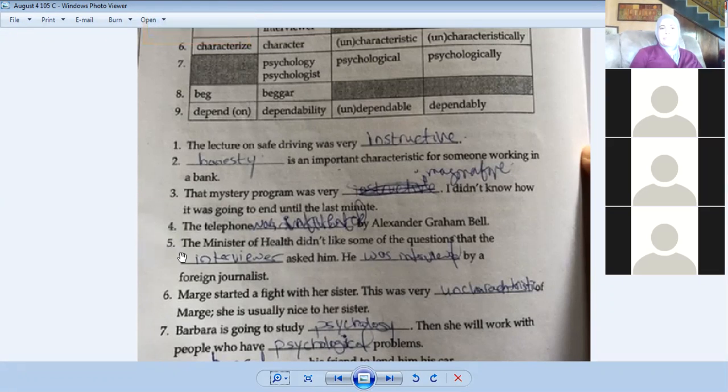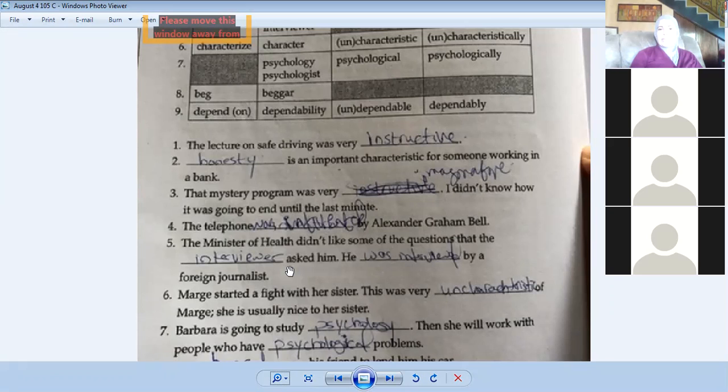Okay? So the Minister of Health. The Minister of Health, what about him? Didn't like, this is the verb, some of the questions. He didn't like what? Some of the questions that the what? Noun. Who's going to put something here? Who's going to read this for us? That the interviewer, what did the interviewer do?